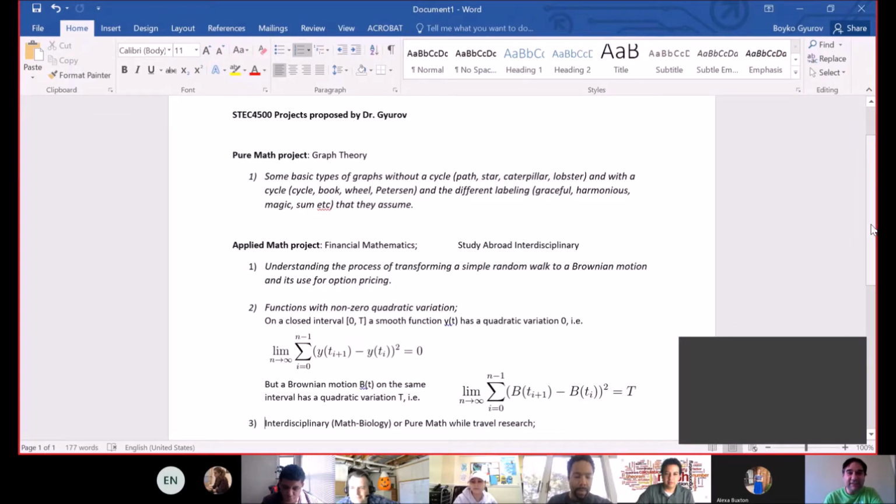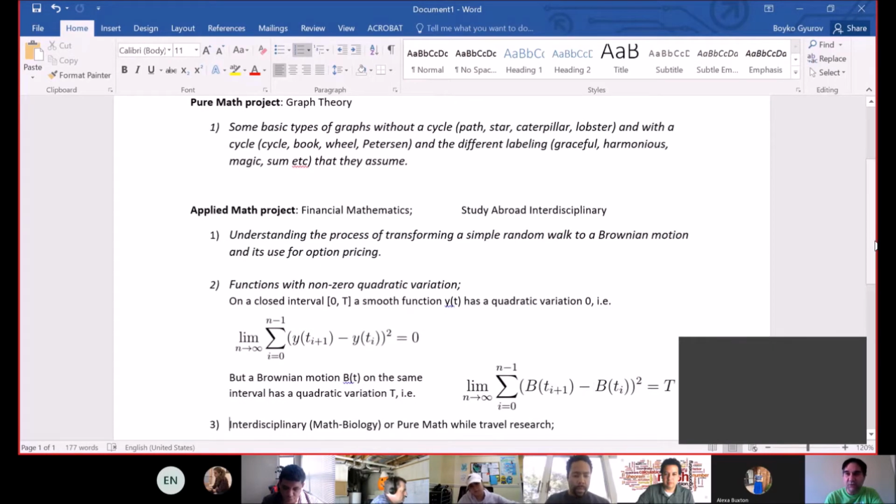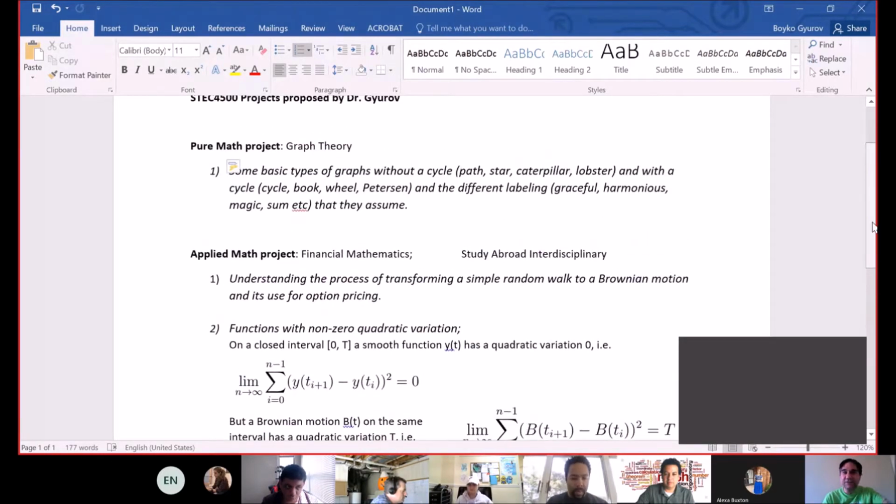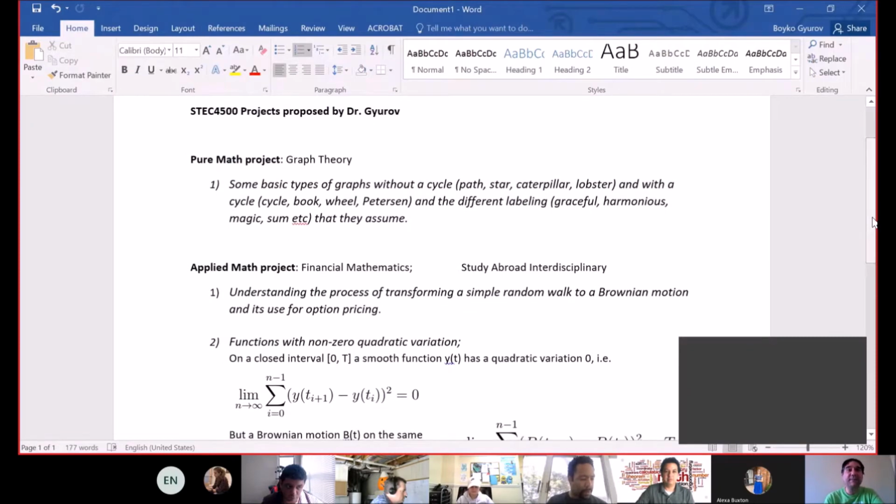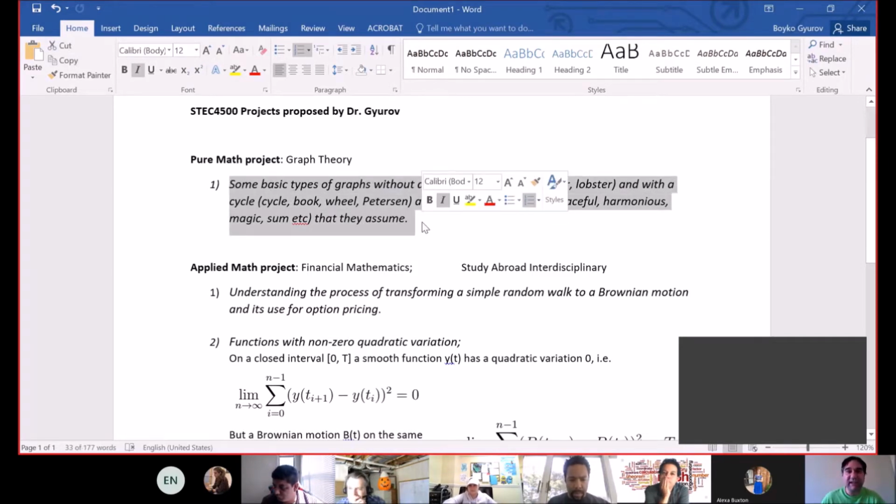Let me see. I'm proposing projects in all three different directions that we have here. So pure math. You know that I work in graph theory. I think I gave this presentation to the math club, or maybe I didn't, but I can, about graph labelings. So I'm proposing an interesting project to look at some basic types of graphs.